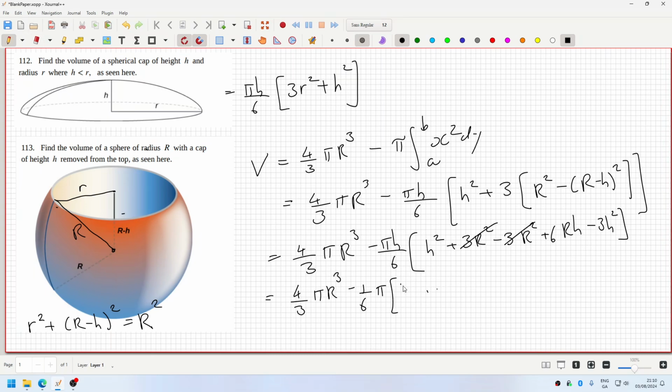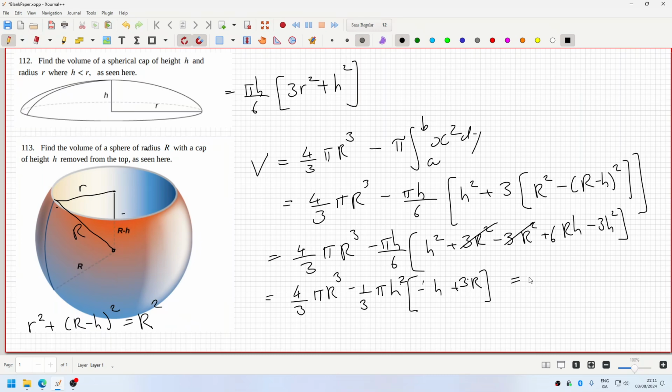So maybe I keep the h out then. Actually, I can take another h out. That is a square. h squared minus 3h squared, that's minus 2h squared, plus 6rh. Okay, so I can take a 2 out, that would become a 3.